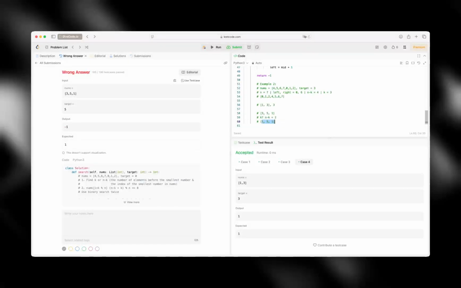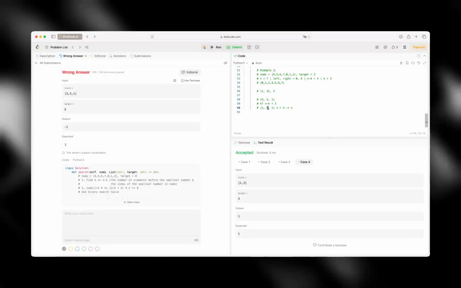So if I divide this into 2, so I have 3 as length, and divided by 2 is 1. So 0, 1, 0, 1, and this should return immediately the target, right? And why didn't it?